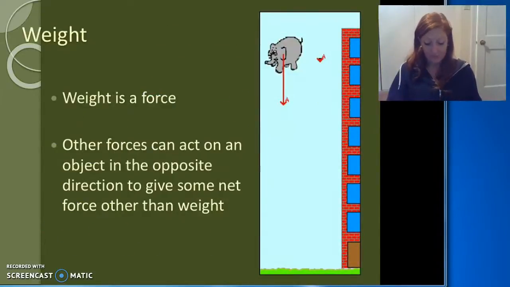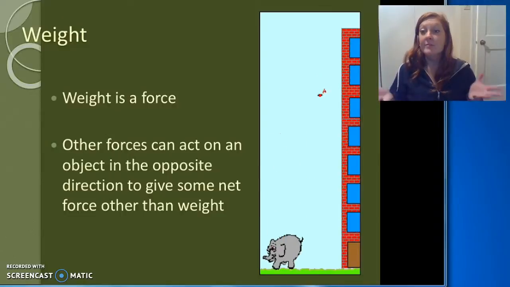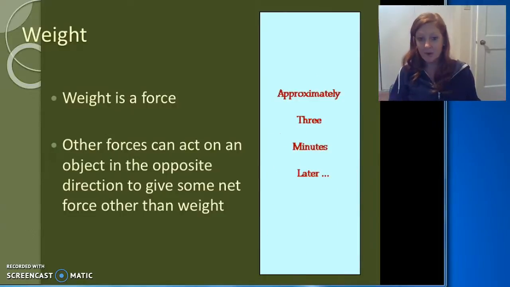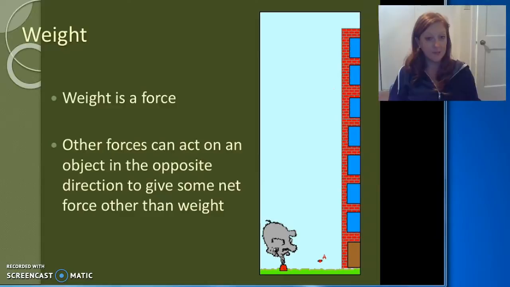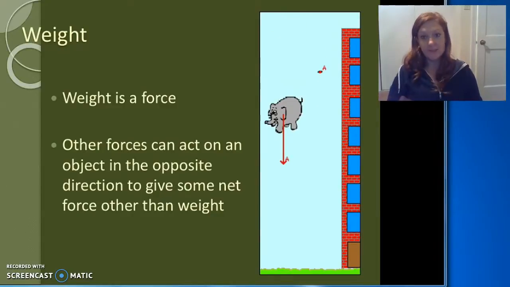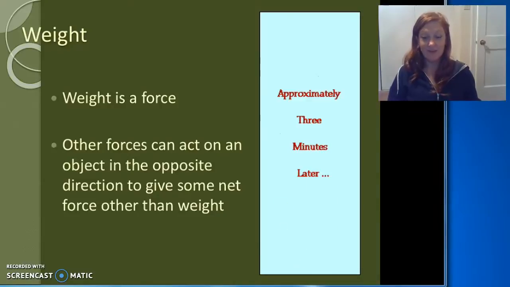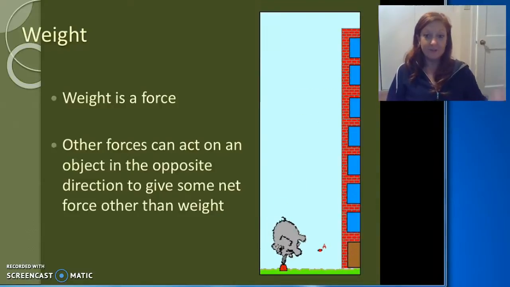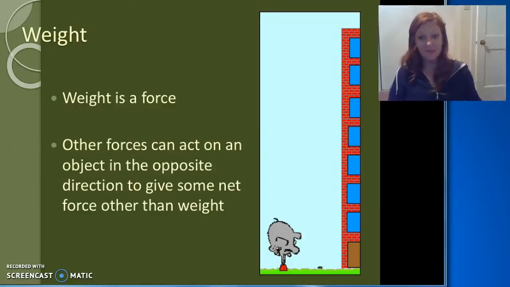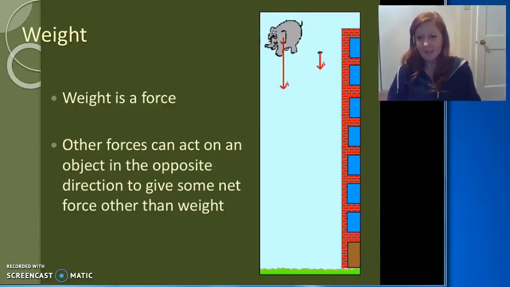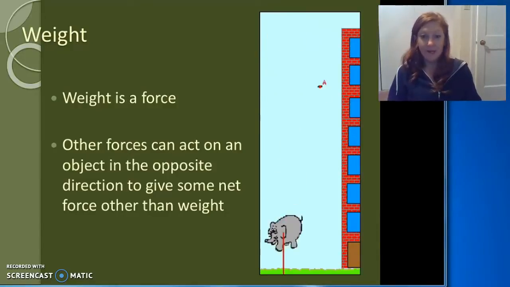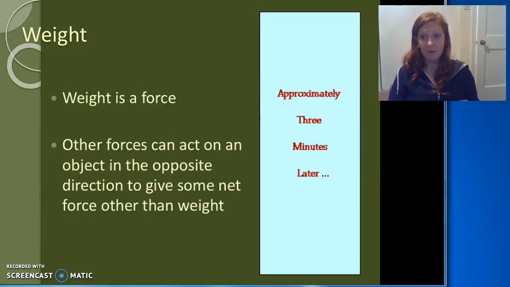So weight is a force, and we talked about how if something isn't falling at that same rate, that 9.8 meters per second squared, then there is air resistance acting on it. So you can see from this elephant and the feather that are falling, the elephant falls fairly quickly because he has a very big mass, and yes, he takes up a lot of space, but air resistance is not as big of an effect on him.